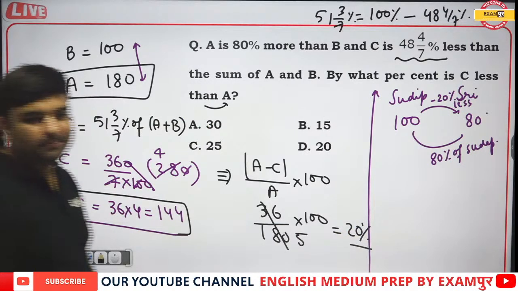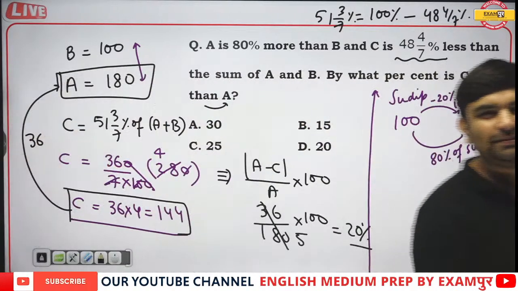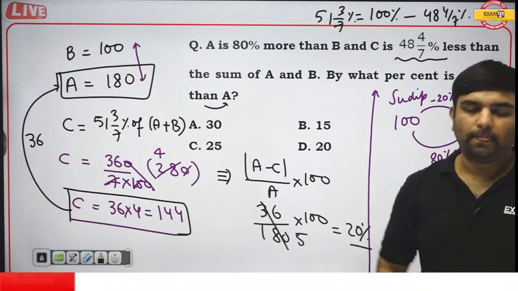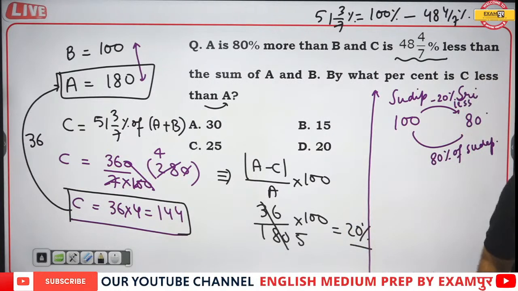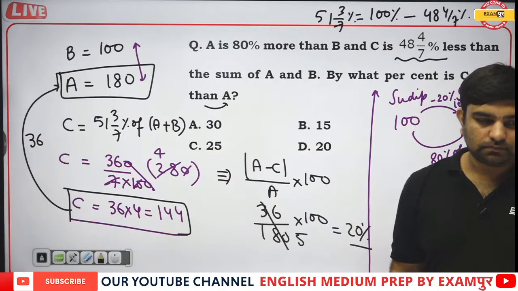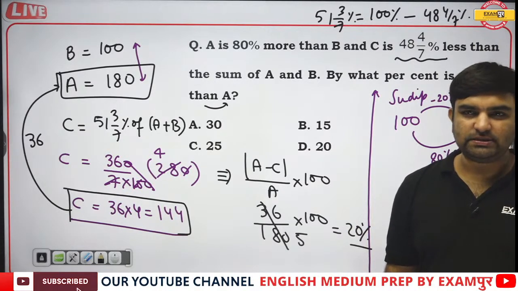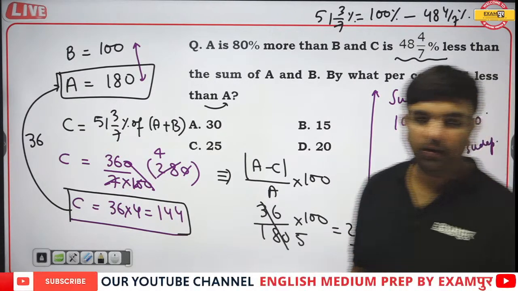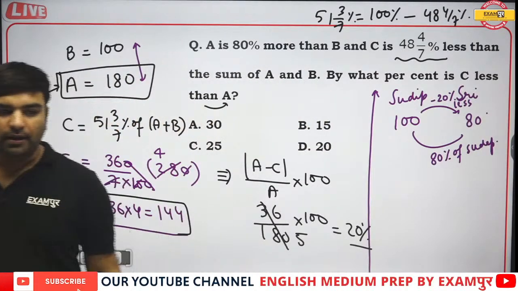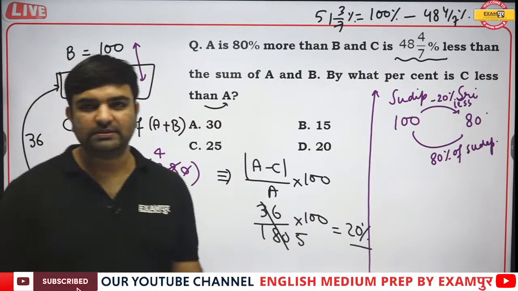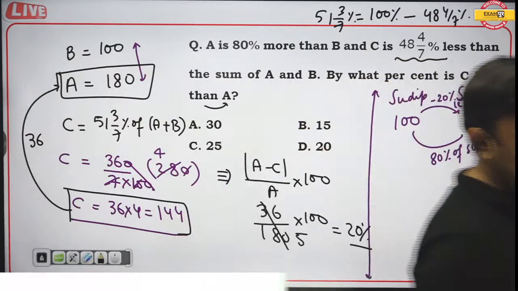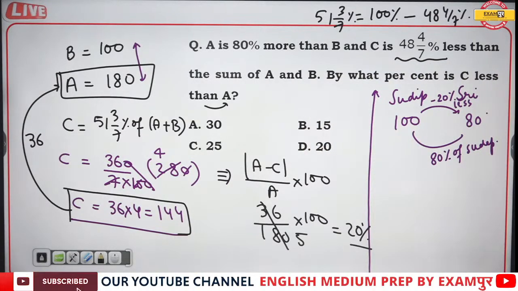Please do watch out. Difference of 36 over 180 into 100, 1 by 5 into 100, and 1 by 5 into 100 is 20%. Is it clear, guys?